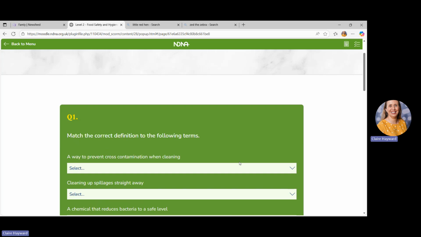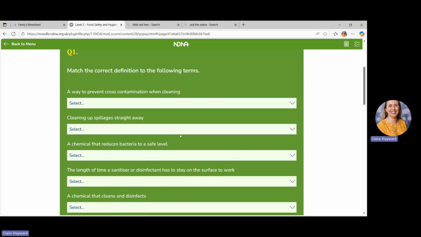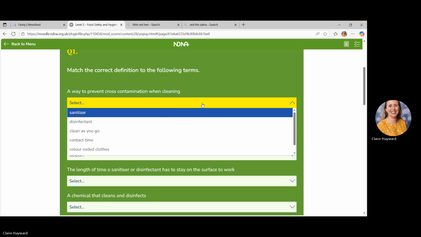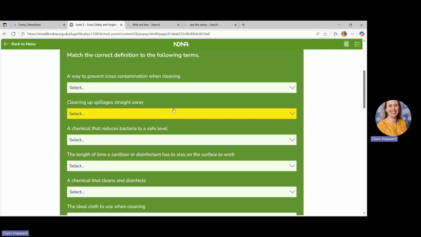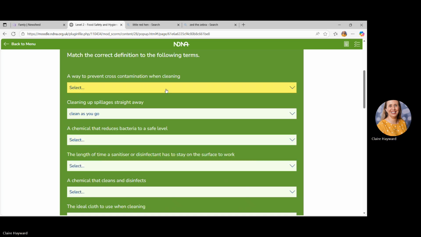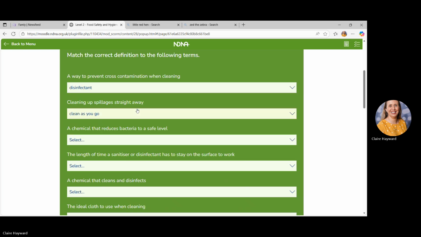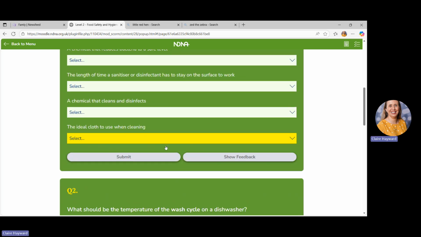Knowledge check. Match the correct definitions to the following terms. So you've got a way to prevent cross-contamination when cleaning. It's the same answers here. Always clean up spillages straight away, so as clean as you go. There you go. So there'll be a couple here.